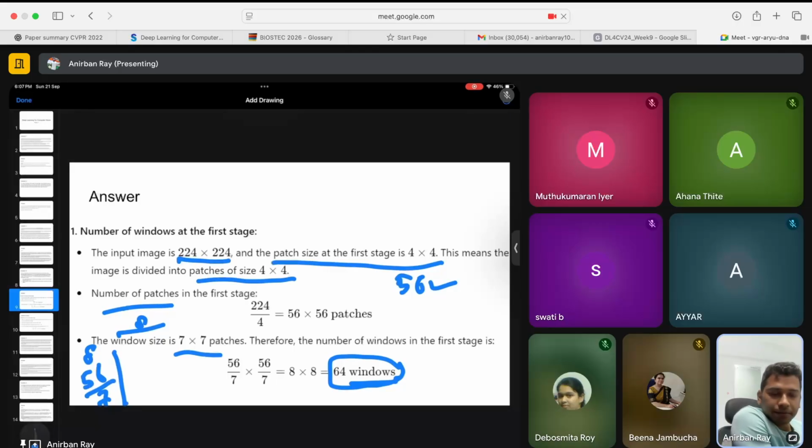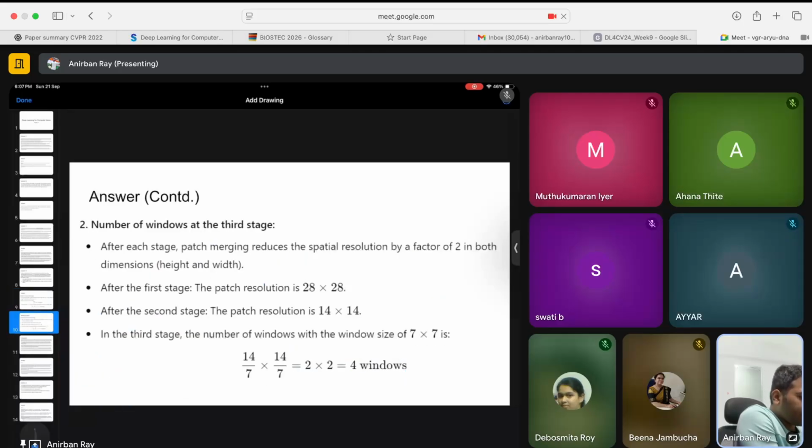Any doubt? So what happens after each stage, the patches are merged and it becomes 8 cross 8, right? Patch size becomes 8 cross 8 in the second step. After the third step, it is again doubled, so it becomes 16 cross 16. Okay.